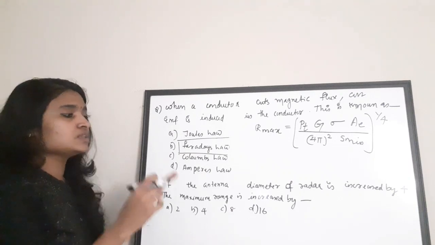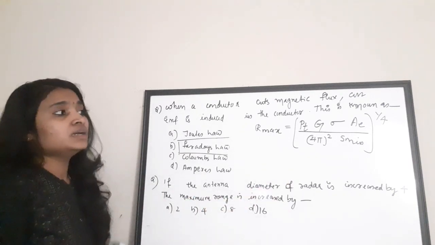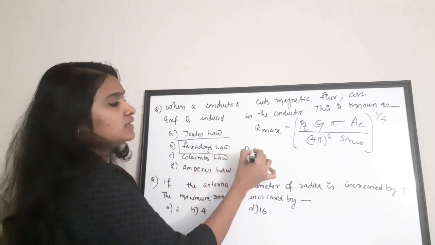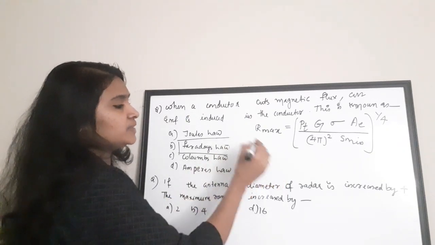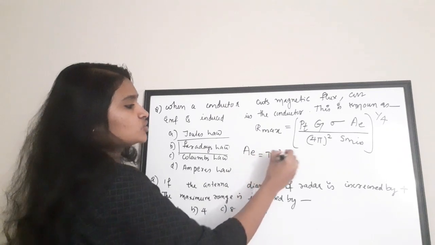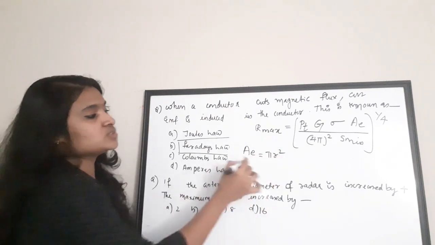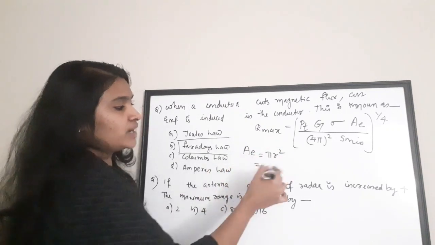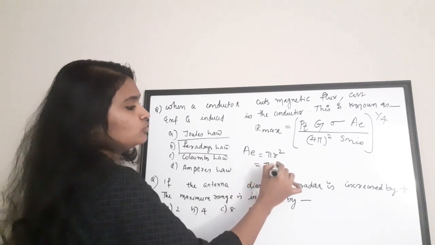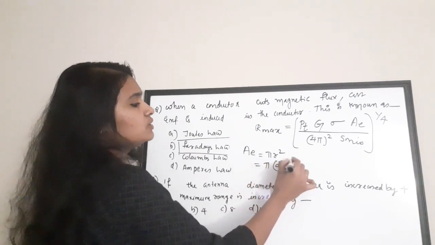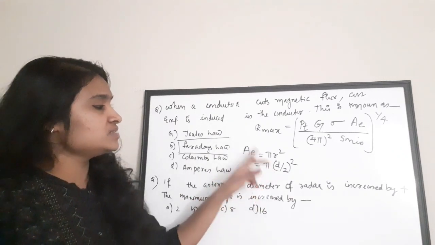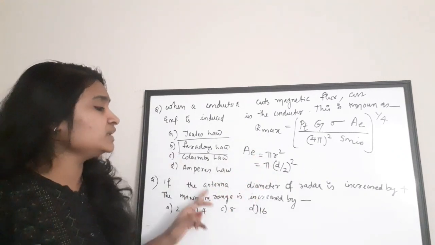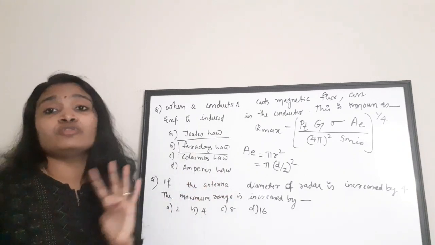Now, where does the antenna diameter come in? The antenna diameter comes in AE, the effective antenna aperture. What is the effective antenna aperture? It is pi r square. In terms of diameter, you can write it as pi into d by 2, the whole square. In this, they have increased the diameter by 4.